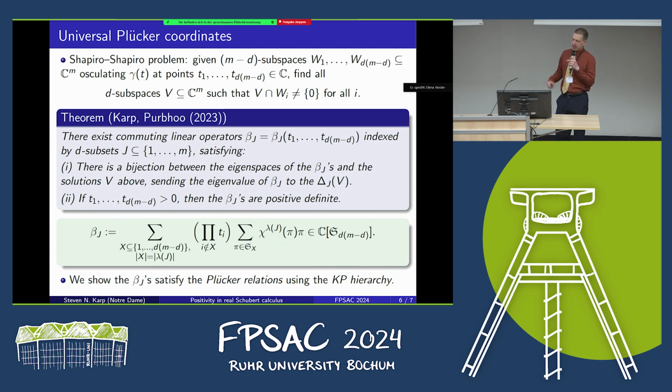So the KP hierarchy is a system of PDEs that generalizes the KP equation, modeling shallow water waves. And using this theory, there's some way to translate the family of all Pluecker relations into an identity of symmetric functions. So basically, the most difficult part of the proof of this theorem is actually proving an identity of symmetric functions.